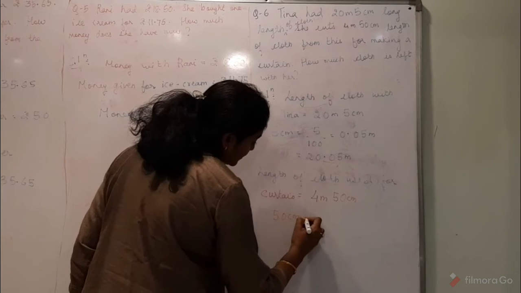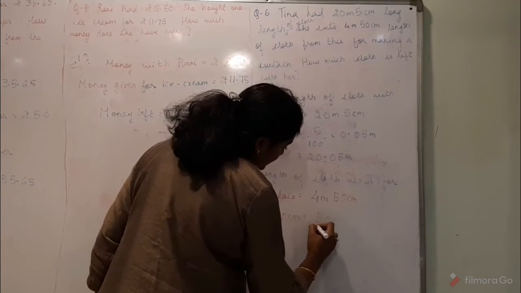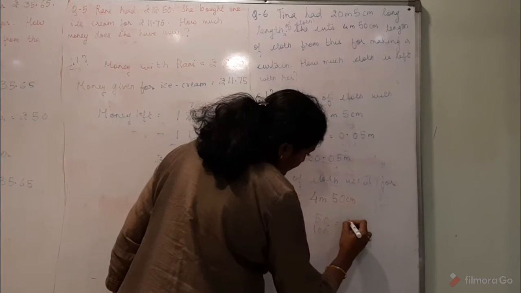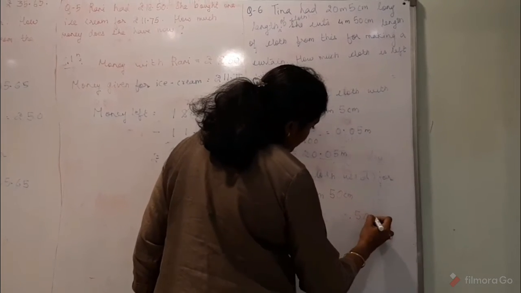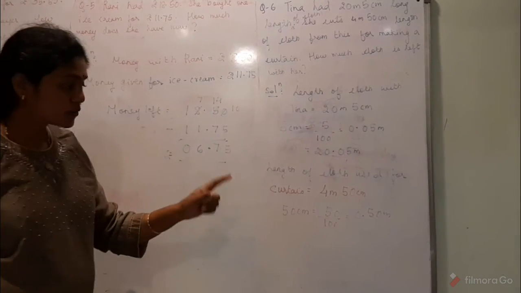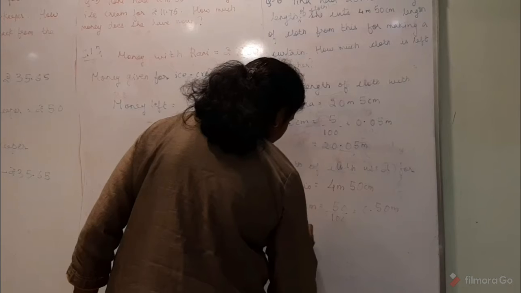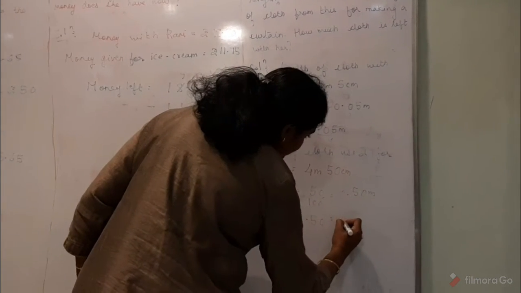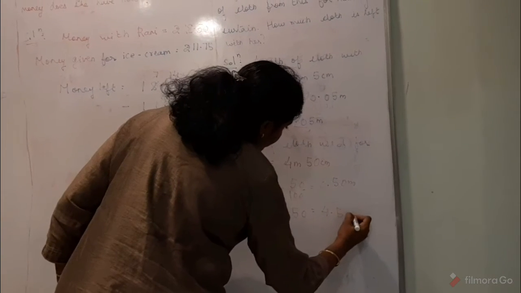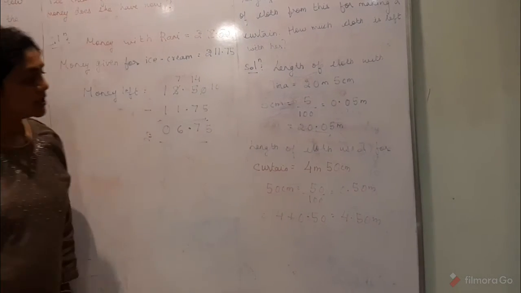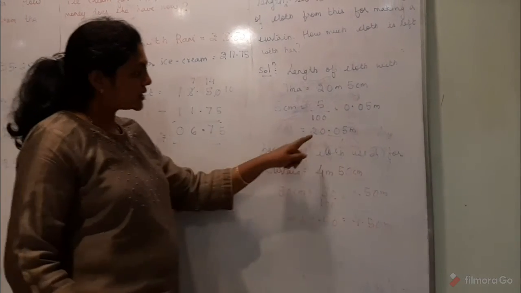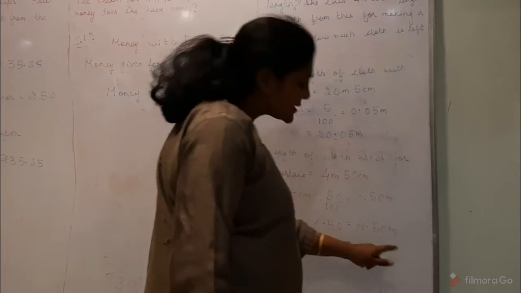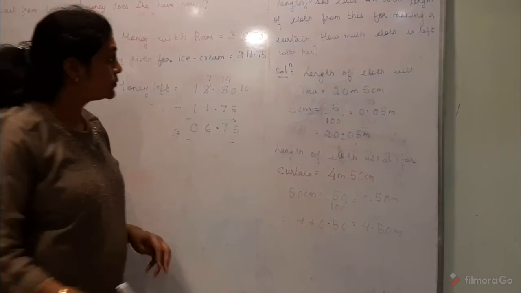So 50 centimeter is 50 by 100, that is 0.50 meter. So you have to add it to 4, that is 4 plus 0.50 is 4.50 meter. Now cloth left is 20.05 minus 4.50.